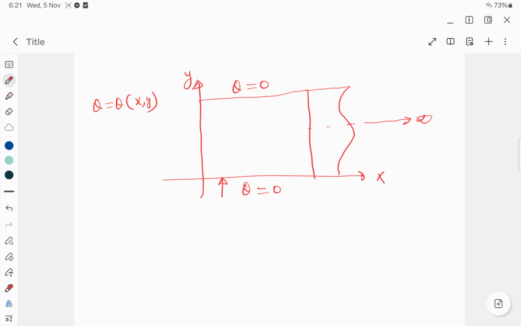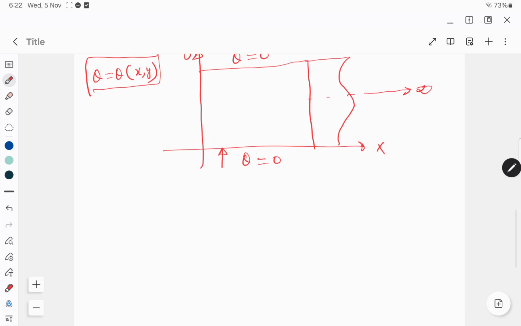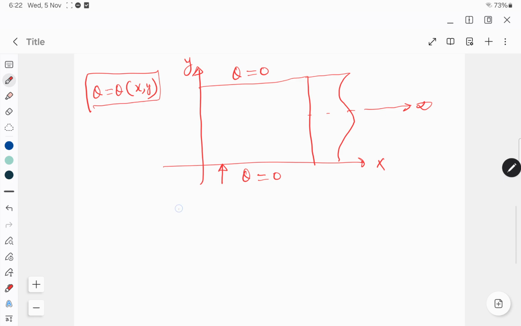Now the objective is to assess the spatial range of that edge effect by evaluating theta equal to theta(x, y). So the problem statement, if we write, what will it be? del square theta is equal to 0, right?